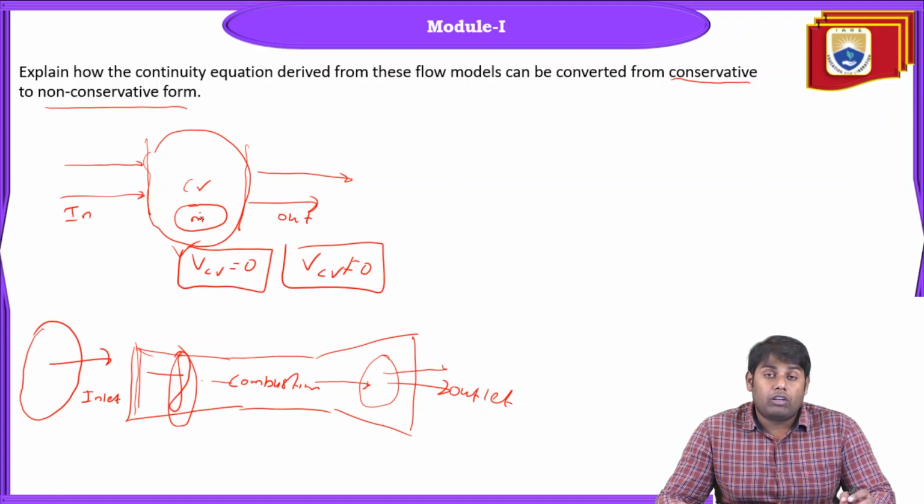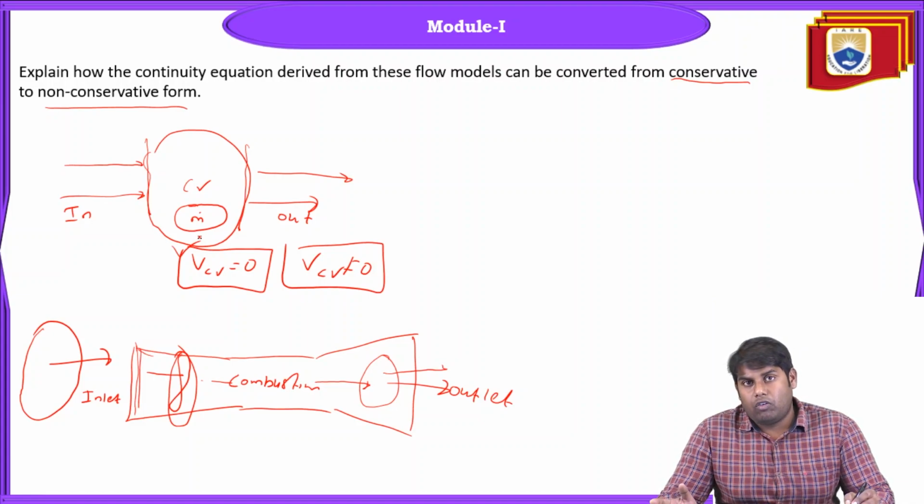When the control volume is moving, we derive the conservation of mass, conservation of momentum, and conservation of energy. You take any control volume, and when you want to evaluate the flow physics, you consider flow entering, flow accumulating inside, and flow leaving through the control surface.